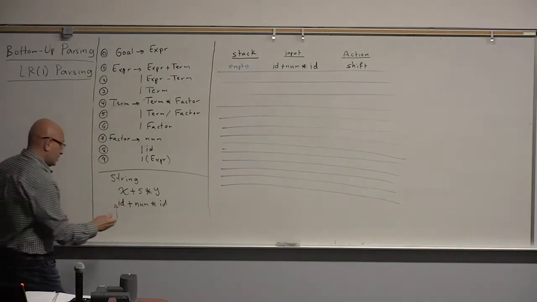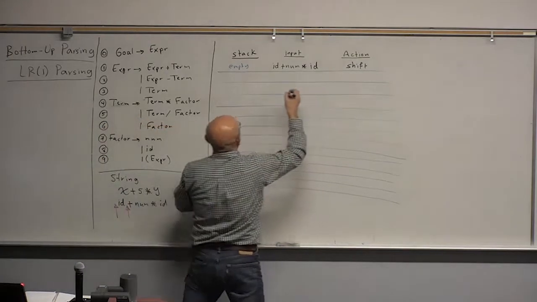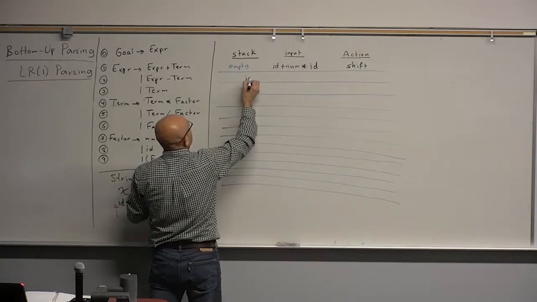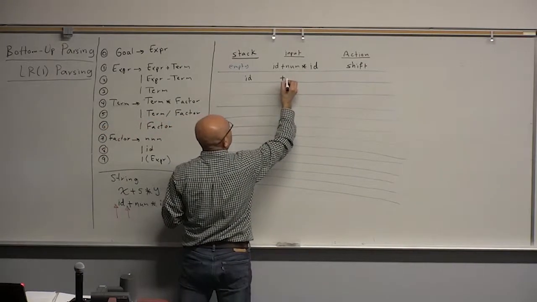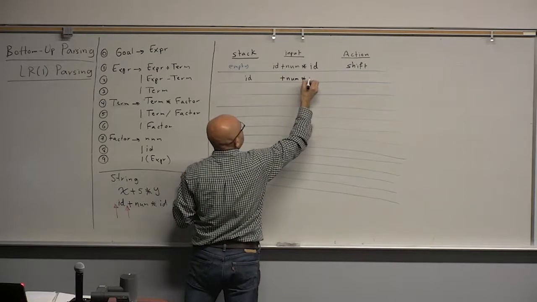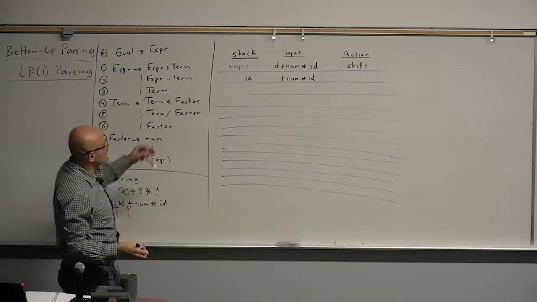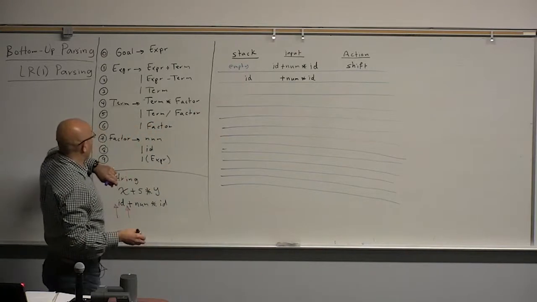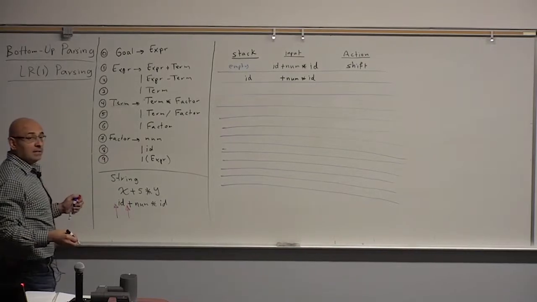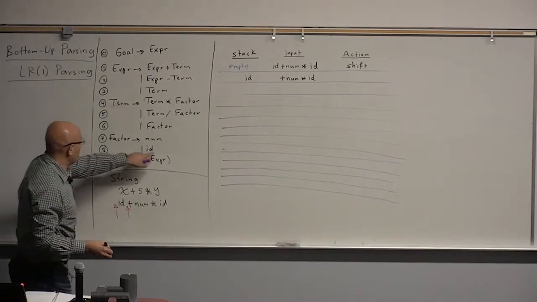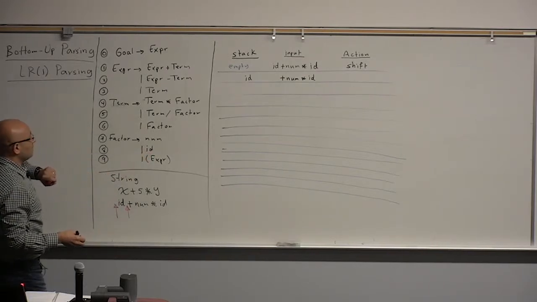So shifting means consume the ID, which means that the ID becomes the top of the stack, and then at the input I have plus number times ID. Okay, so I consumed this ID. Now I look at the rules. Is there a rule that ends with an ID? Yes. So rule number 8 ends with an ID.